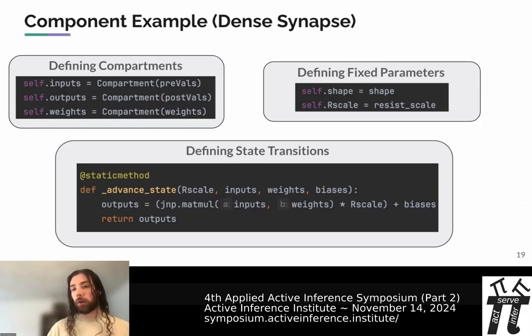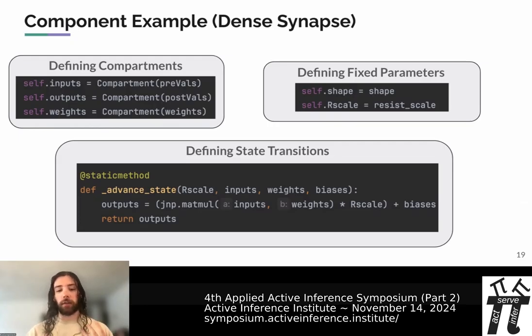It does a little bit more than just Python knowing that the object has these fields in it. They exist and they have their own set of properties. And then we have our fixed parameters, which look exactly like just values that exist on a class. We have self.shape, and self.rScale, which is just a resistance scaling. And I'm sure everybody here who's worked with Python is very familiar with what that looks like.